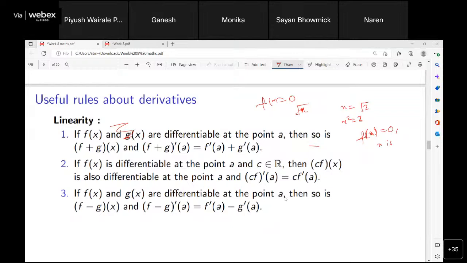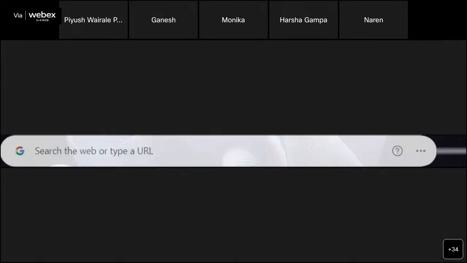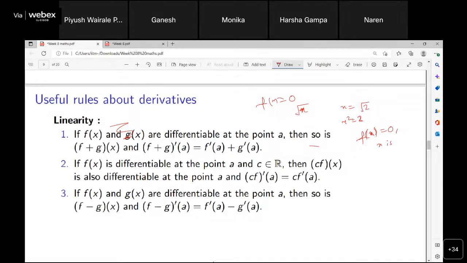Yes, sir. But in the parabola, our √2 is also there, no, sir? When x is √2, f of x would be x square, which is 2. No, the function is not defined that way, because x square is only valid for rational numbers. √2 is an irrational number, so for irrational numbers they explicitly tell it is 0.